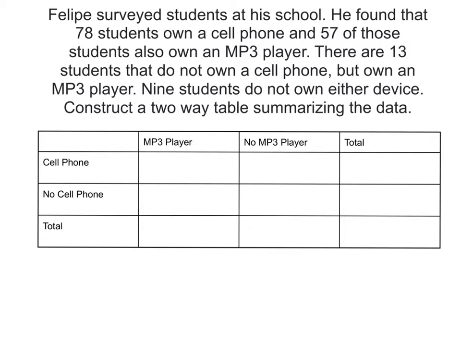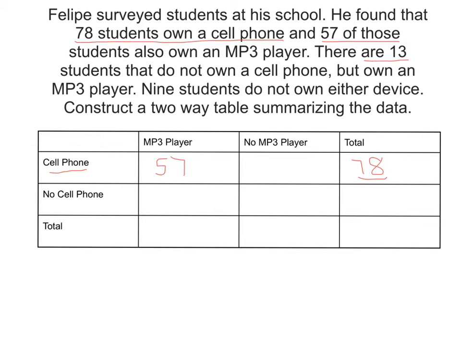So now let's take the information from the scenario and put it into the table. So he found that 78 students own a cell phone. So total people that own a cell phone are 78. And 57 of the 78 that own a cell phone also own an MP3 player.